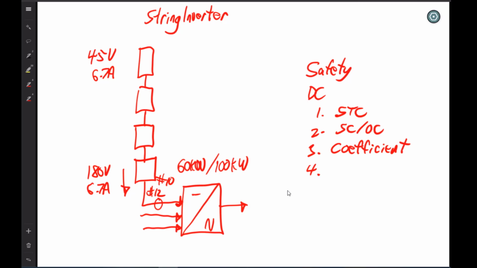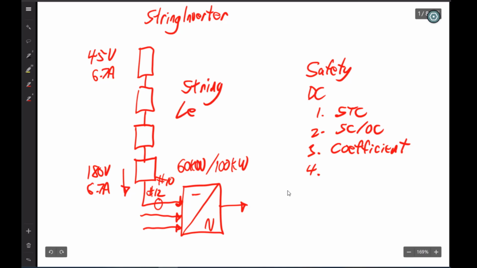So the manufacturer will give a coefficient for every module and say if you live in an area of the world that is very cool, you have to increase that voltage to compensate for it. And by the way, I haven't mentioned string length yet. We'll get back to that in just a second, but I'm going to write it down.